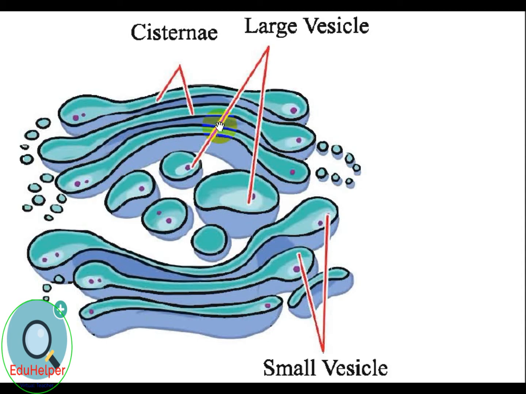The cisternae vary in number from 3 to 7 in most animal cells and from 10 to 20 in plant cells. Each cisterna, with a diameter of 0.5 to 1 micrometer, is bounded by a smooth unit membrane having a lumen of 500 to 1000 nanometers wide. Then there are large vesicles or vacuoles.